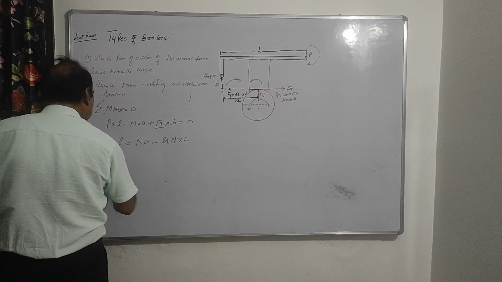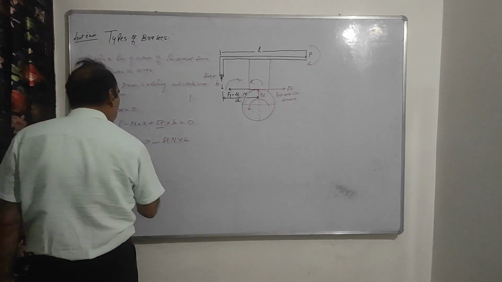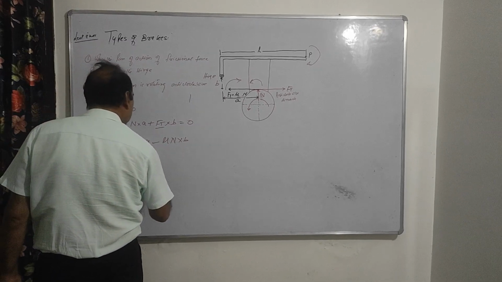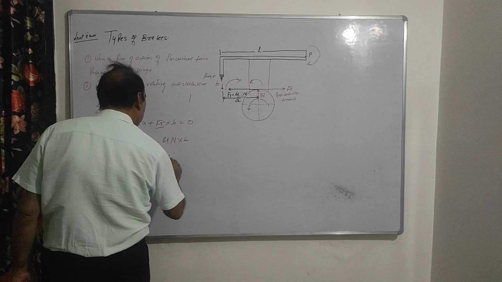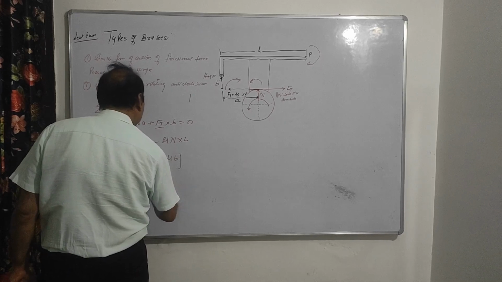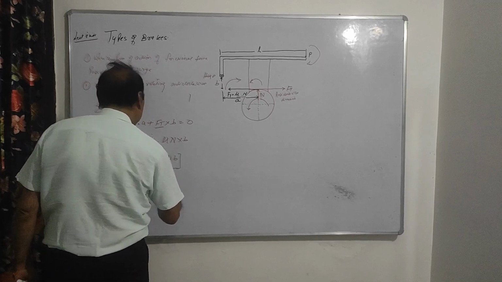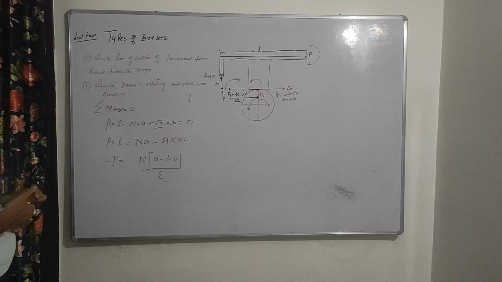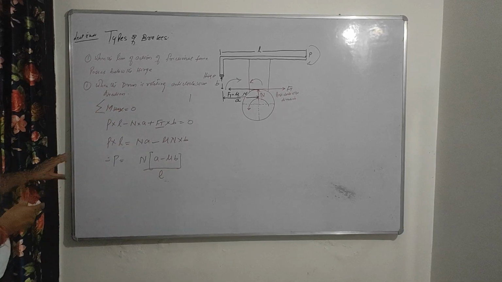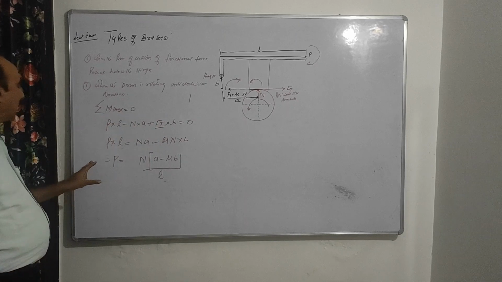Therefore P equals N, taking common, (A minus mu B) upon L. So this is the design equation when the drum is rotating anti-clockwise.